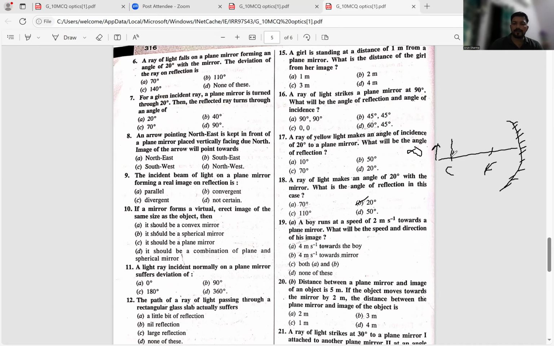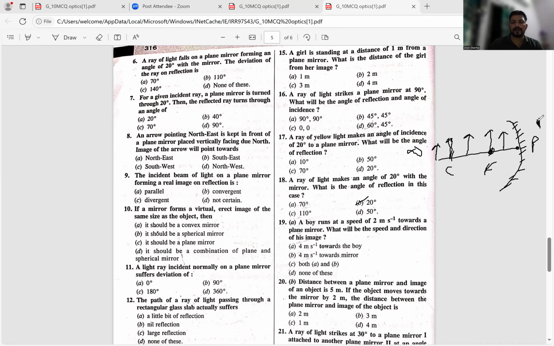Third, at the center of curvature. Fourth, between C and F. Fifth, at F. Sixth, between pole and principal focus. I think all the students know, if we place the object between pole and principal focus, the image is virtual and erect, meaning the image is formed on this side.